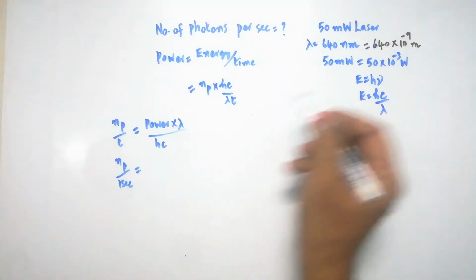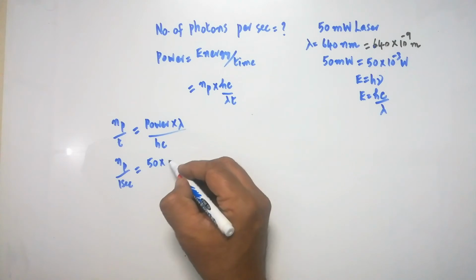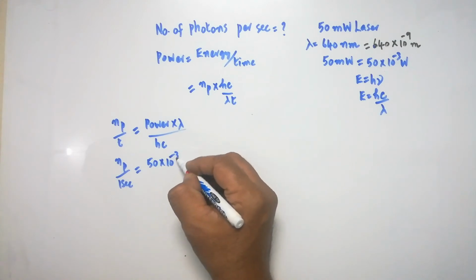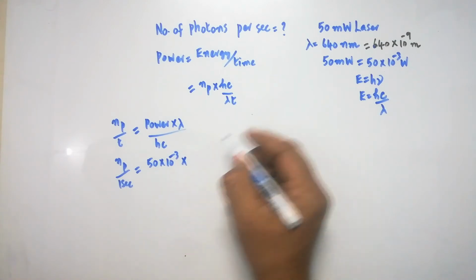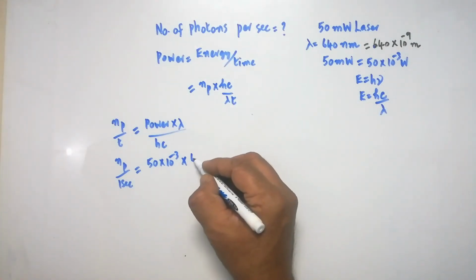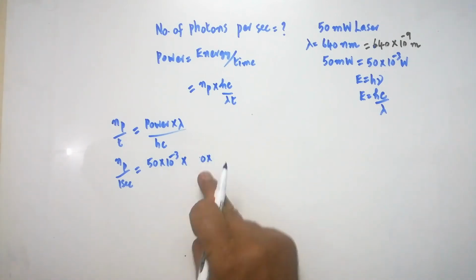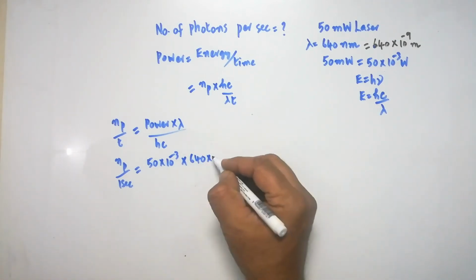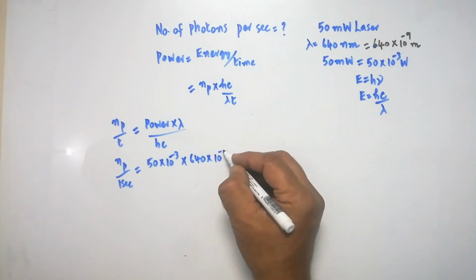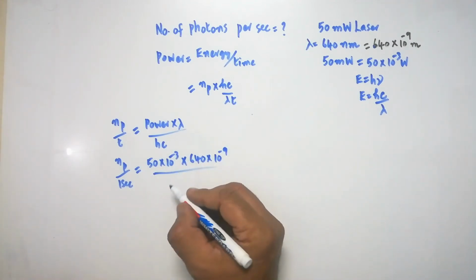Here the power value is known. The power of the lamp is 50 into 10 to the power of minus 3 watt. Wavelength is given in nanometer, already converted into meter: 640 into 10 to the power of minus 9 meter, whole divided by h, which is Planck's constant.